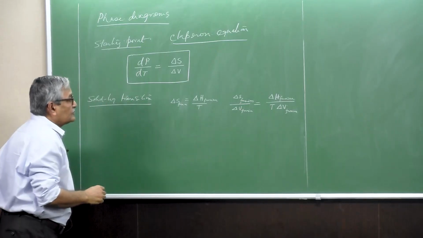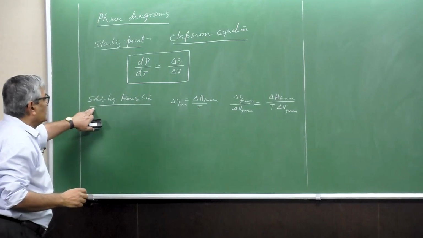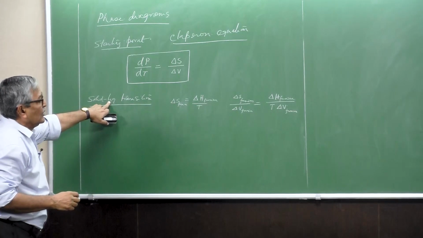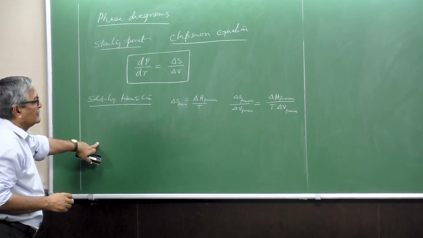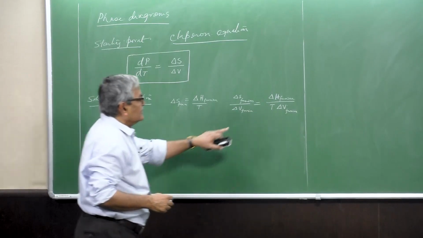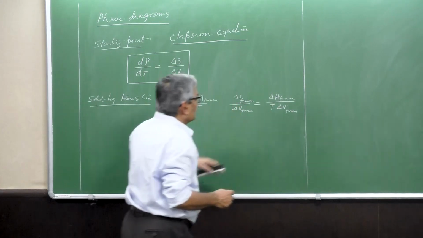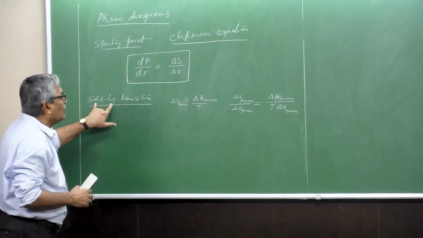Now, if we compare this solid liquid transition with the liquid vapor transition, then something will come out. So, this delta H is for fusion and delta V is again for fusion, the process in which the system goes from solid to liquid phase.